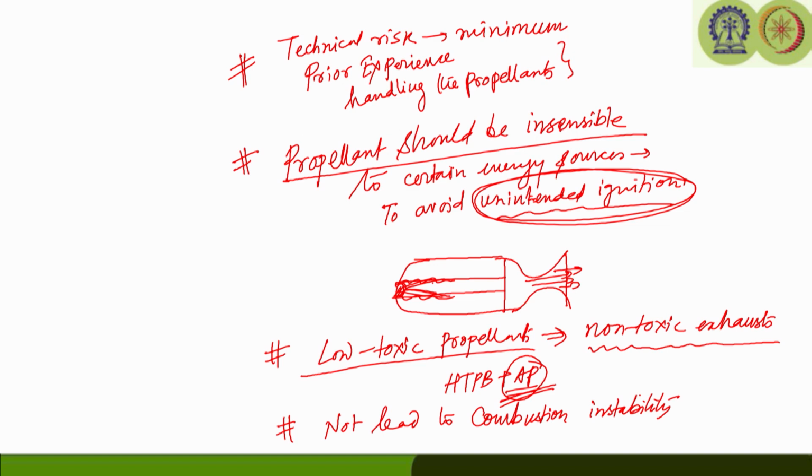So, the choice of the propellant should be such that it should somehow diminish the fluctuations. Even if there are fluctuations which may be subjected to some instability, the propellant should not further increase the fluctuations, which may lead to complete failure of the motor. So, it should not be prone to combustion instability.